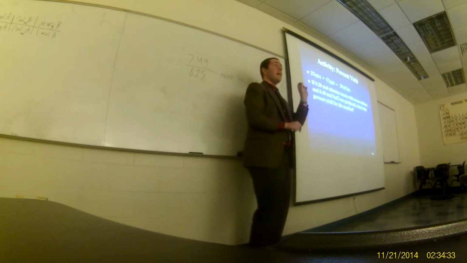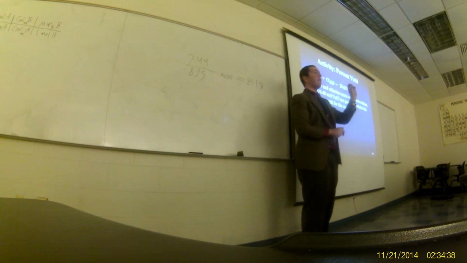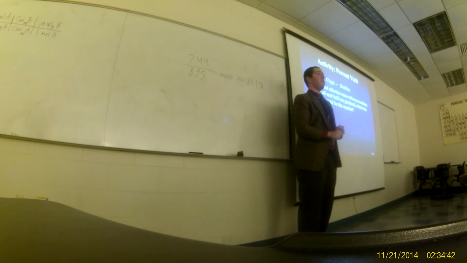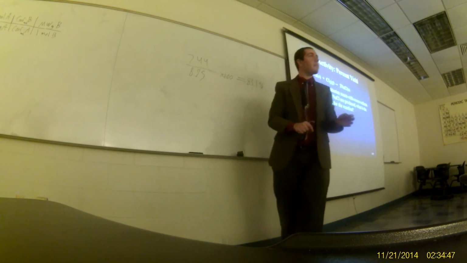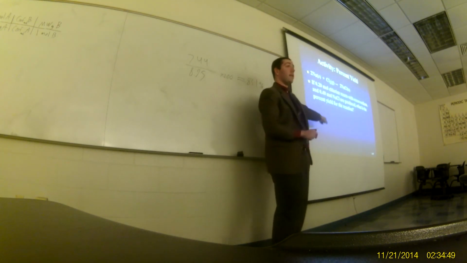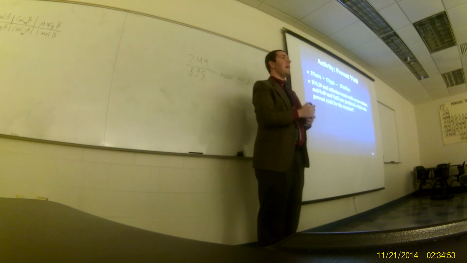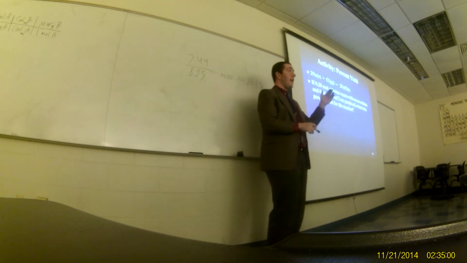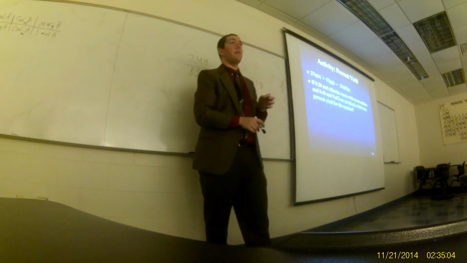You're not going to get it right, but if you guess for part B and then use that as your theoretical for part C, you can still get full credit for part C. Even though your answer will be totally wrong, if you use the equation correctly with the theoretical yield you calculated and the actual yield that was given to you, I will give you full credit for that percent yield part. So if you're stuck on A, guess on A and B, and then calculate C if you remember.